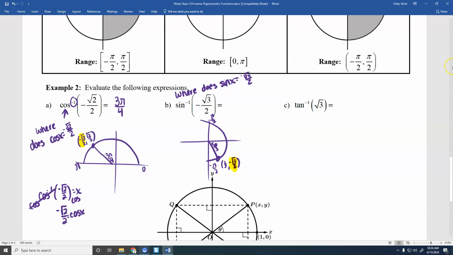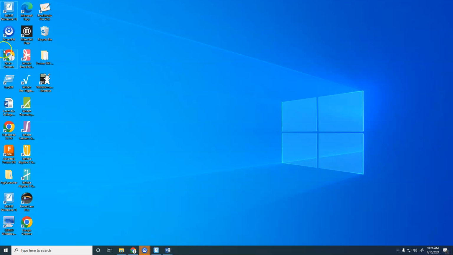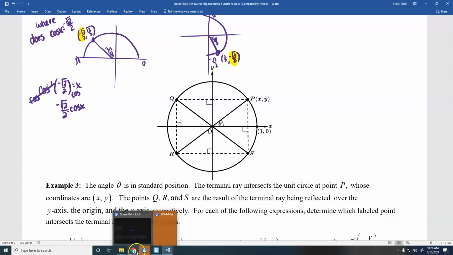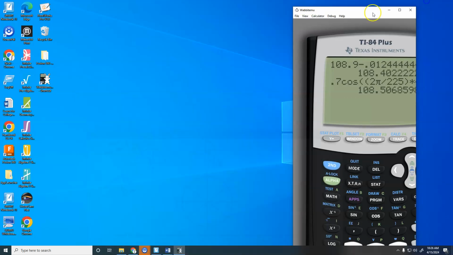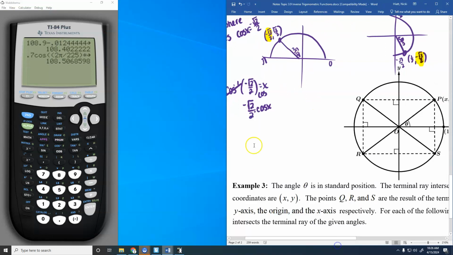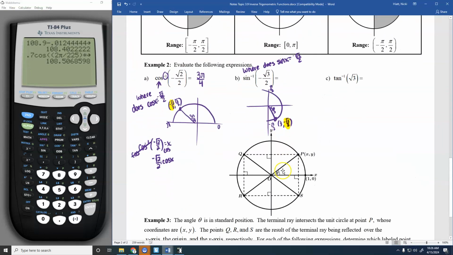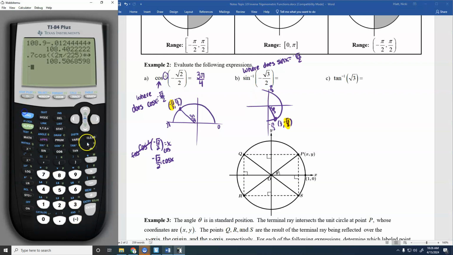If you're thinking decimals, which I mean this is not calculator active, but if you were thinking about the decimals that you would have, if I do negative pi divided by 2, I get negative 1.57, and then if I did positive pi over 2, I'd get positive 1.57.